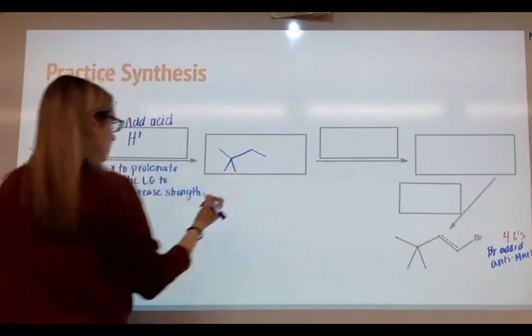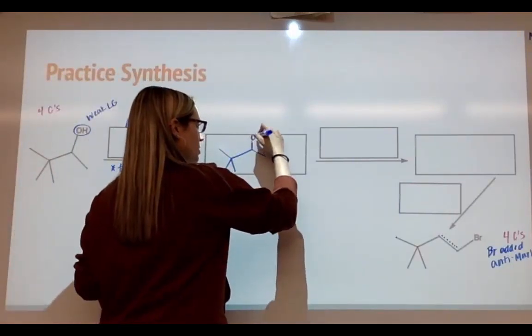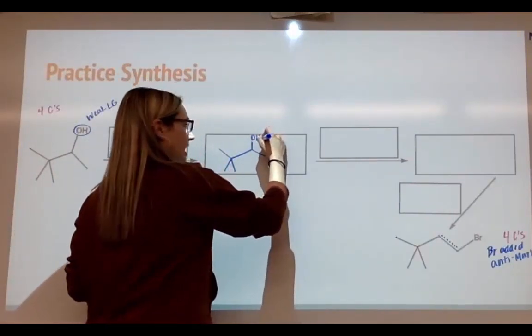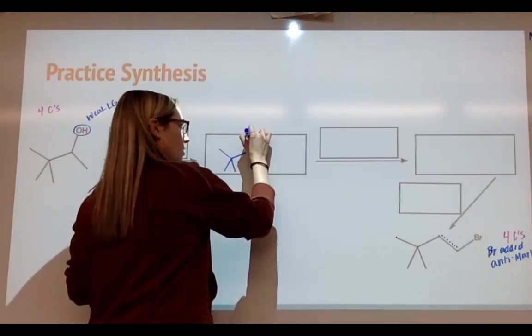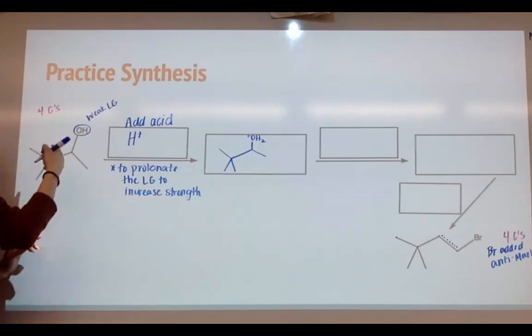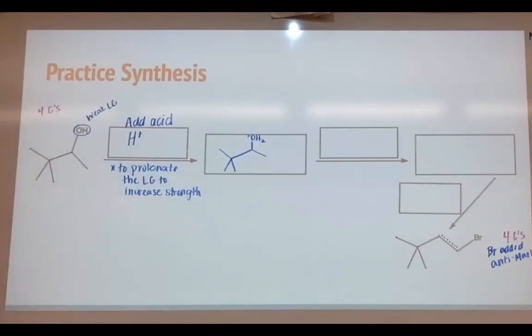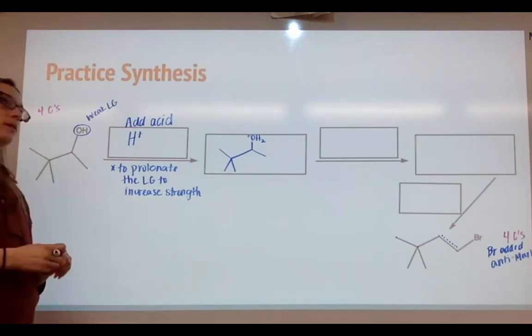here's our parent chain. If we look at this with an H+, not only are we adding an H, we're also adding a plus formal charge, because now, instead of oxygen having 2 bonds and 2 lone pairs, it has 3 bonds and 1 lone pair. Now this has become a better leaving group.